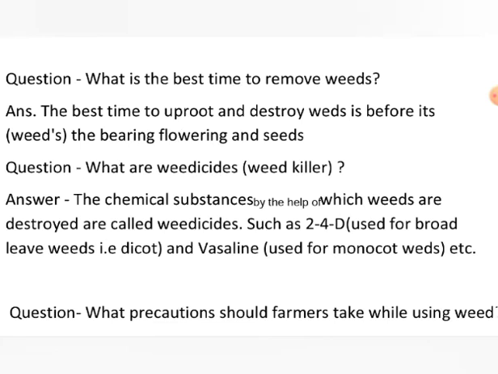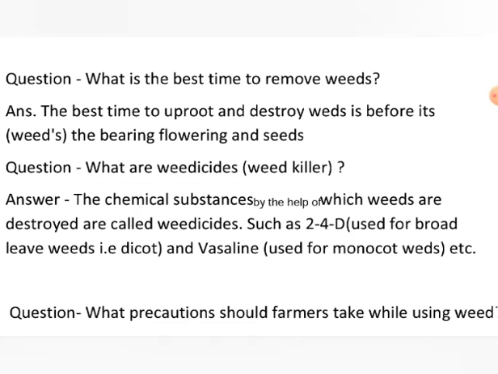There is a cycle of every plant. A plant grows with time. When its growth is full, it starts bearing flowers, and after flowering it bears fruits and seeds, and these fruits or seeds ensure the next generation. So take notice of this factor.